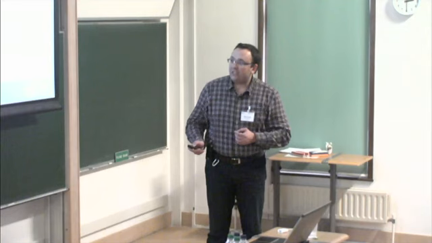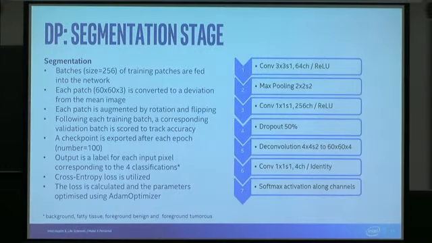Basically, we output classifications. The segmentation stage is viewed from the classification perspective. We have 4 labels, like background fatty tissue, foreground benign, foreground tumorous, and so on. We optimize everything using quite standard techniques nowadays: SGD-based, stochastic gradient descent with momentum and higher moments, like for instance the Adam optimizer.